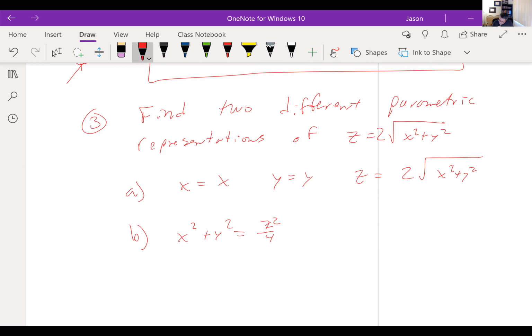Okay, number 3. Find 2 different parametric representations of z equals 2 times the square root of x squared plus y squared.